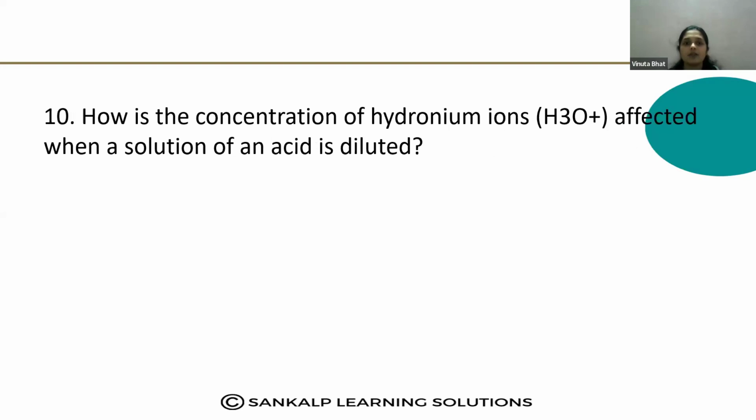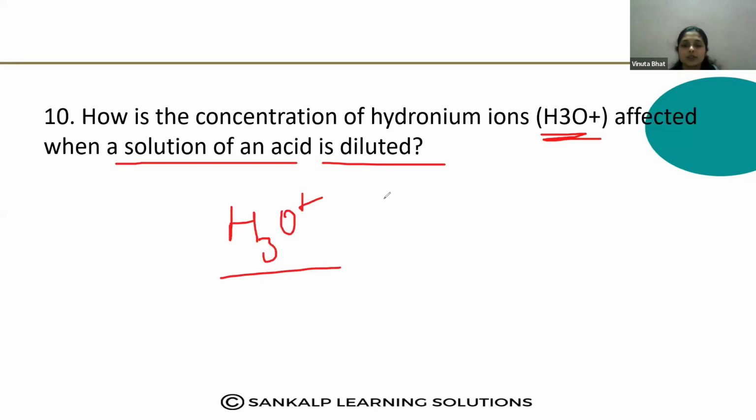Next question. How is the concentration of hydronium ions affected when the solution of acid is diluted? When the solution of acid is diluted, the concentration of H3O plus ions will be decreased.